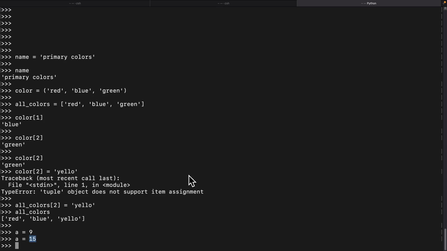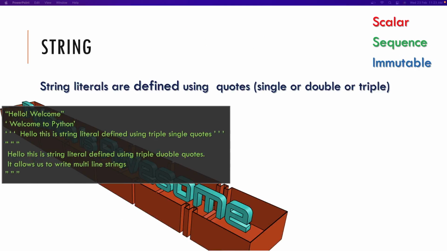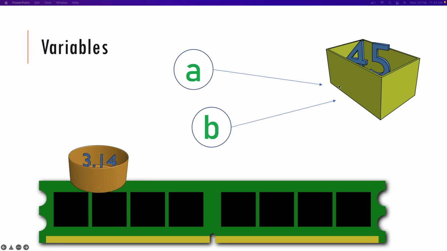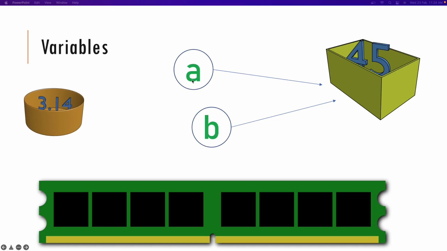Remember this re-referring. The variable a is pointing to 45, and if we assign another value, b is pointing to 45, and if you put another value, let's say 3.14, it's like a hook. Previously I assigned b equal to 45, and now I assigned b equal to 3.14.